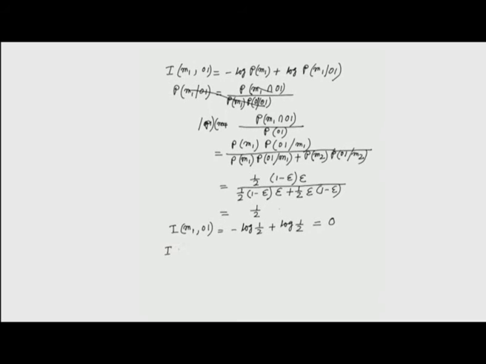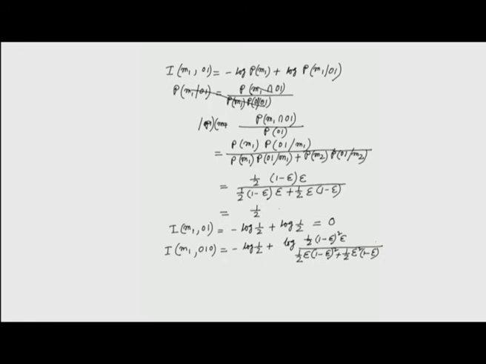In the same way, if we find I of M1 comma 0 1 0, that will be minus log half plus log of half into 1 minus epsilon whole square into epsilon divided by half into epsilon into 1 minus epsilon whole square plus half into epsilon square into 1 minus epsilon.